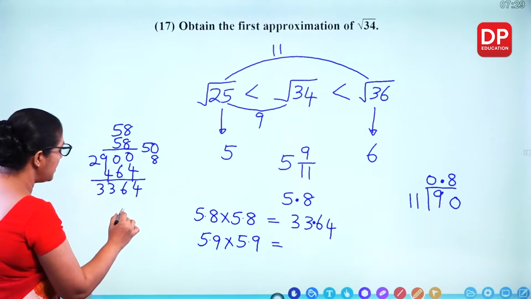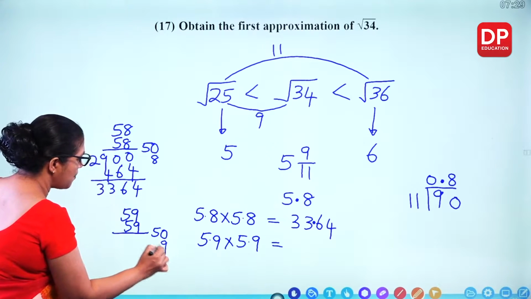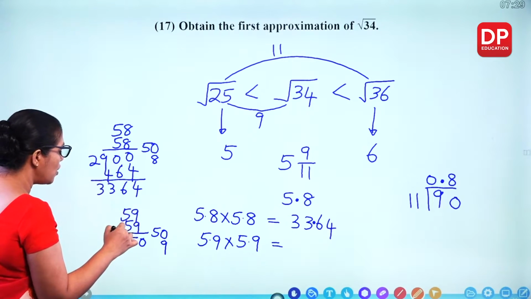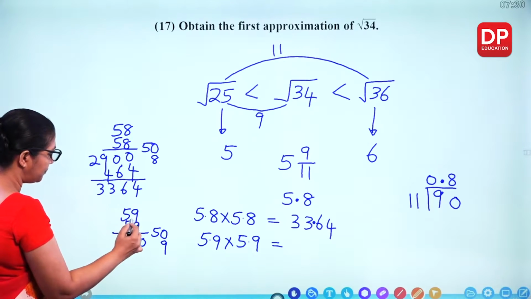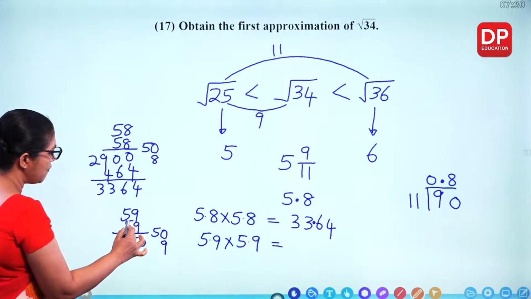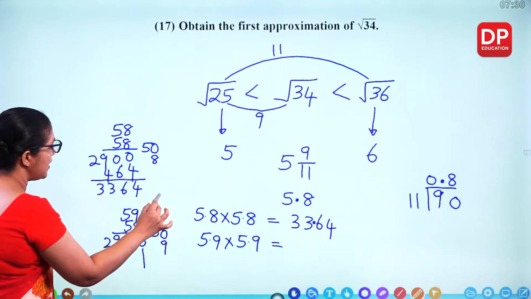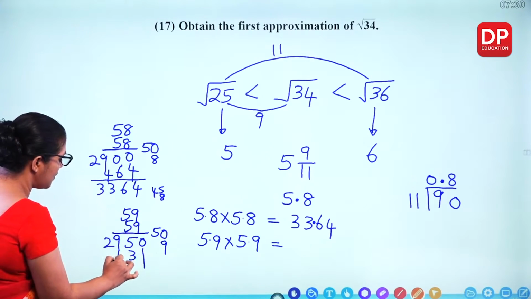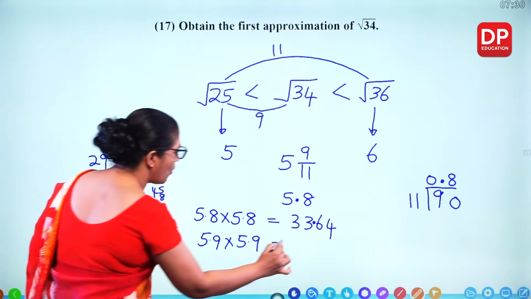And 5.9 times 5.9, so multiply 59 and 59. 9 times 9 is 81, 9 times 5 is 45 plus 8 is 53. 5 times 9 is 45, 5 times 5 is 25 plus 4 is 29. Now add it: 3481.